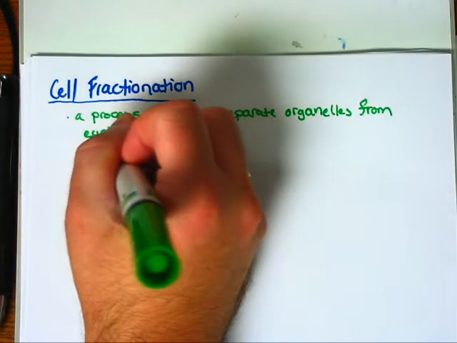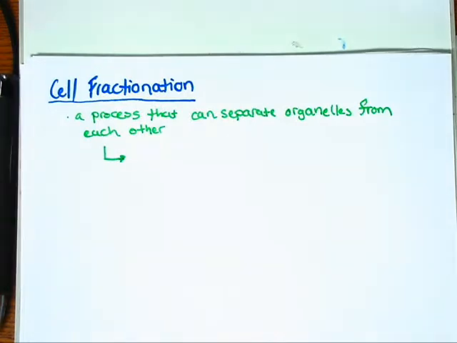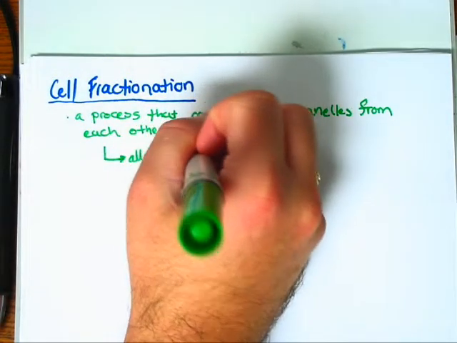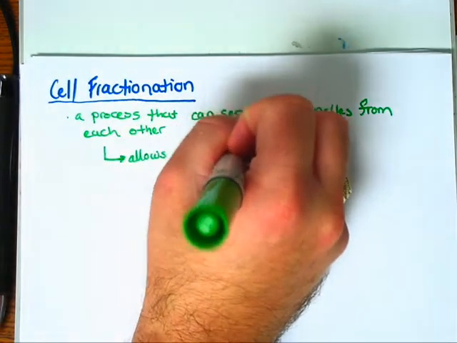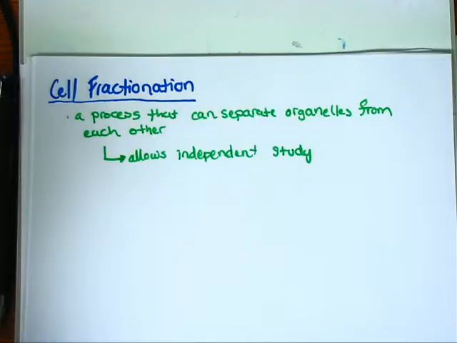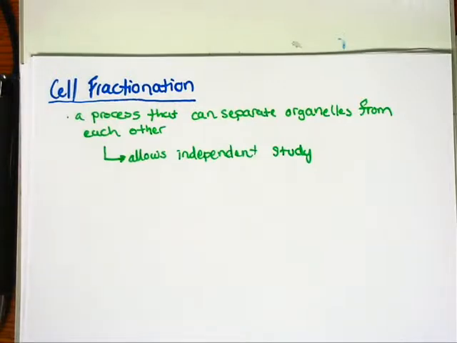Of course, when you separate them out, you obviously can study them independently, which would be a huge advantage. Even though, as we had stated before, they probably won't function as best, at least they still would function, and you could study maybe their biochemistry, or some other pivotal or important piece about that specific item.